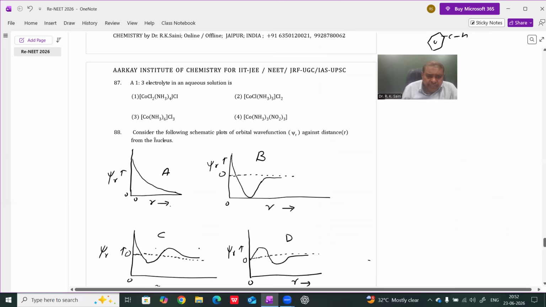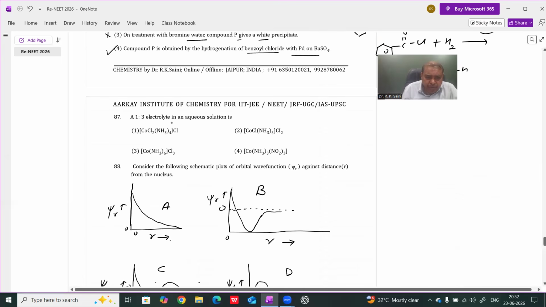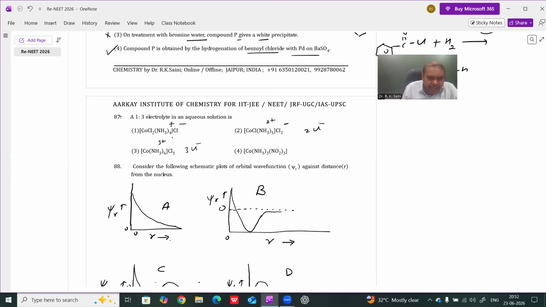This means a 1:1 compound carries one cation and one anion. This compound carries a bivalent cation and two chloride ions. This compound carries a trivalent cation and three chloride ions, and hence it is known as a 1:3 electrolyte.